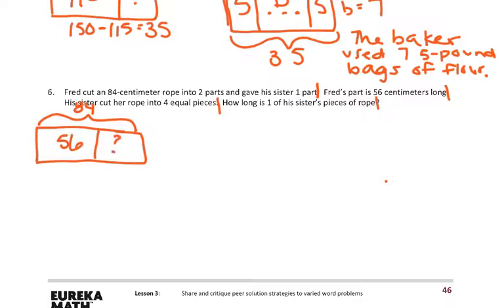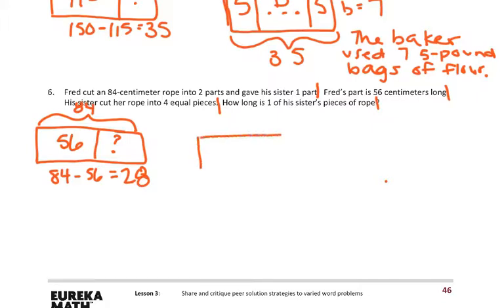So to figure that out, we can do 84 minus 56, and when you do that, you'll get 28. So his sister's rope was 28 centimeters, but she cut her rope into 4 equal parts. So we need to figure out how long one part is.